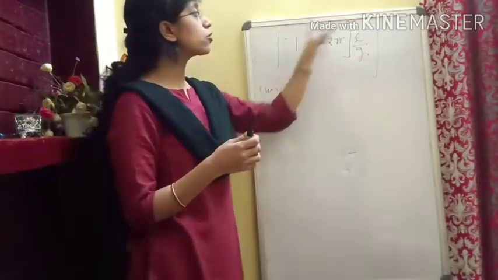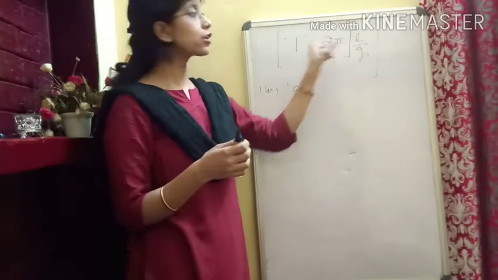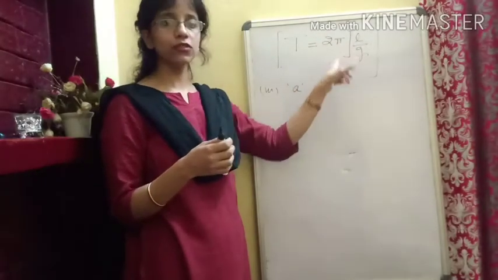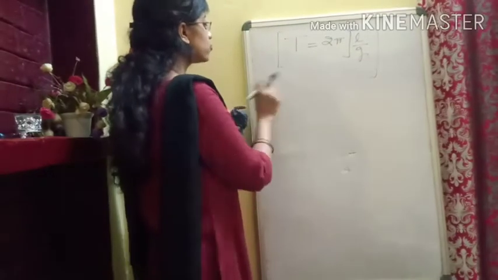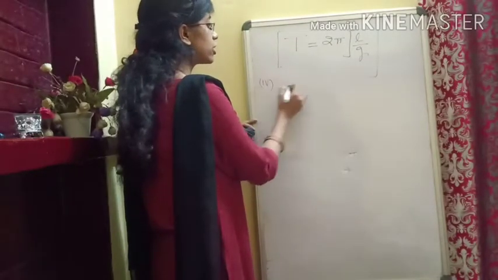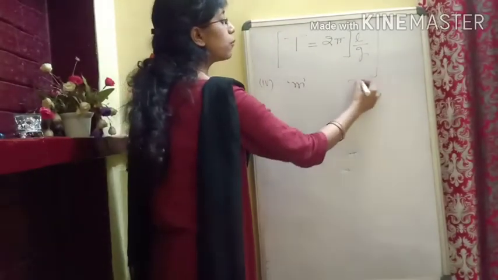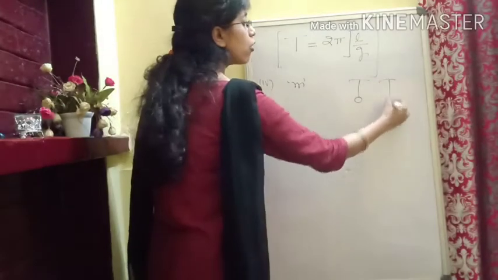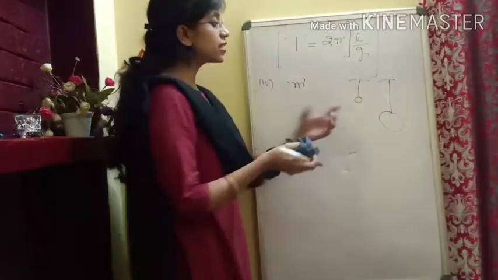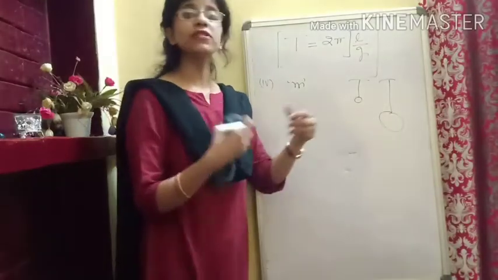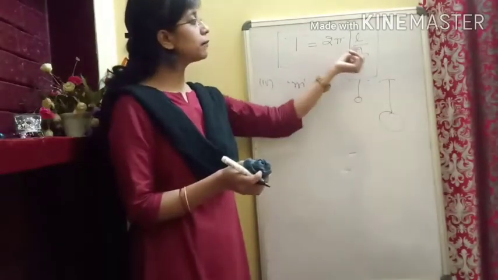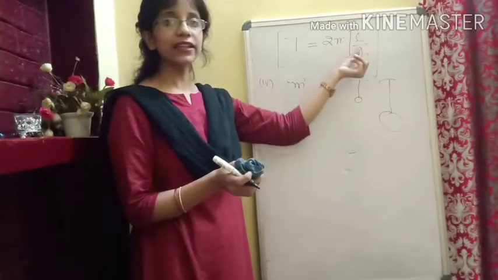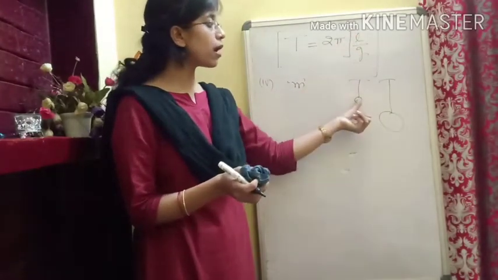It will depend on the effective length. It will depend on the acceleration due to gravity. Likewise, if I ask you one more factor, what happens if we change the mass of the bob, whether we take a small bob or a big bob, is the mass of the bob going to affect the time period? No, because again in the mathematical expression we do not get any term for the mass of the bob.